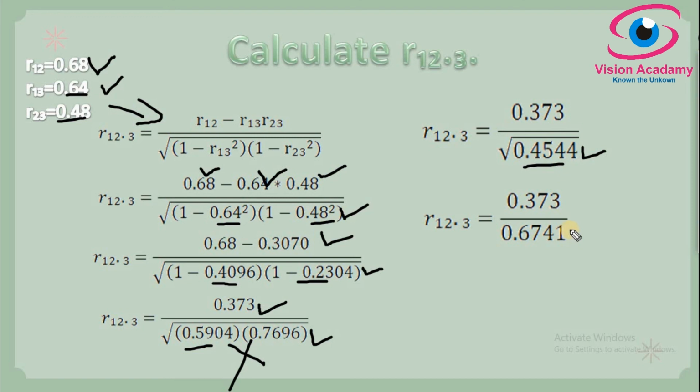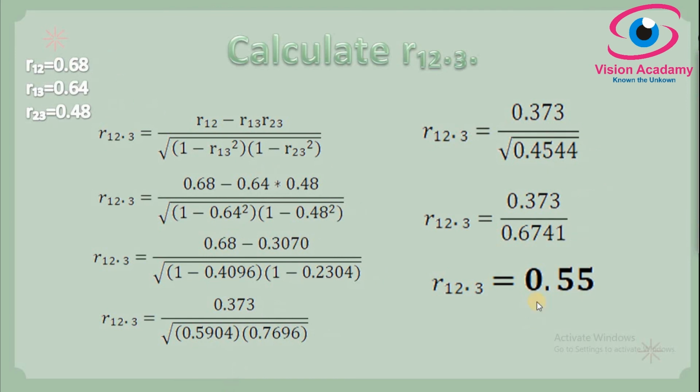The root value of 0.4544 is 0.6741, and finally we have divided the numerator value by the denominator value, that is 0.373 by 0.6741. So finally we got R12.3 as 0.55. So we have calculated R12.3 also.